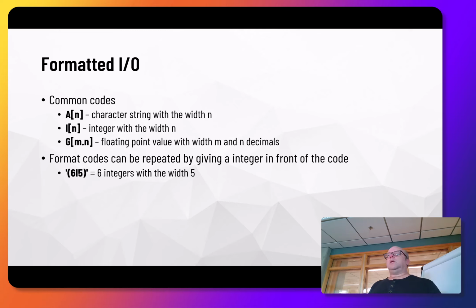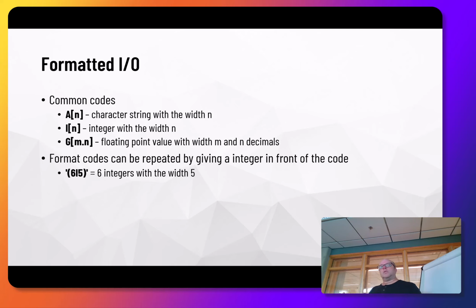It's very similar to what you did in Python. So you have nA, that is a character string with a width of n. In, that is an integer with a width of n. And then you have Fn.m, floating variable with width n and m decimals.